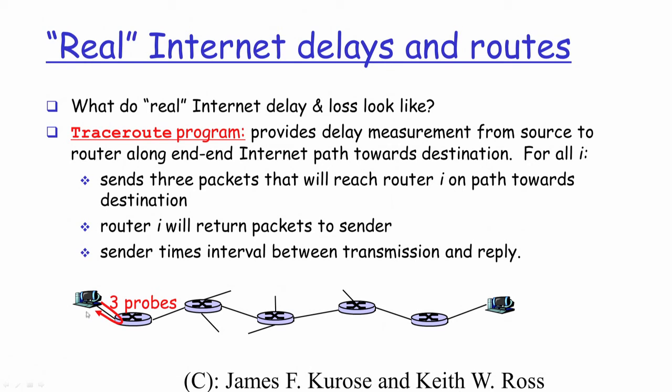So this time difference gives me the delay that my packets encounter going from my source machine to the first hop in the path towards the destination, right. Likewise, the next time I try to reach the second hop, and I find out the time I get the response back from the second hop, and the time difference between when I sent it and when I got the response gives me the total delay for going from my source machine to my second hop on the network.